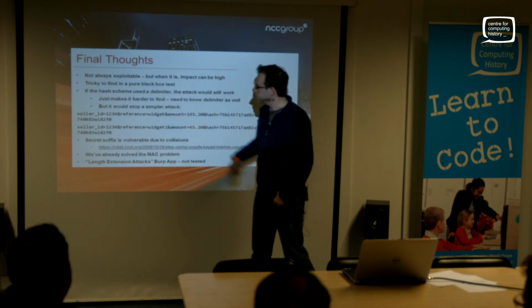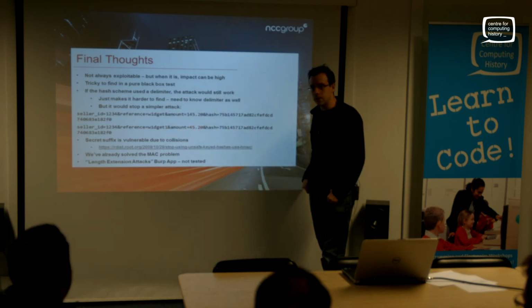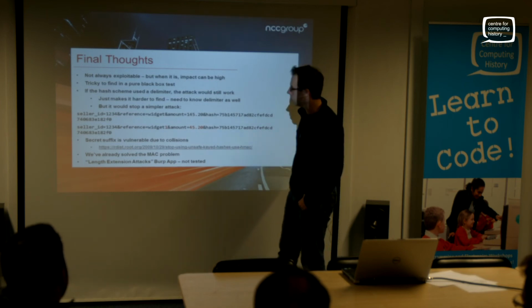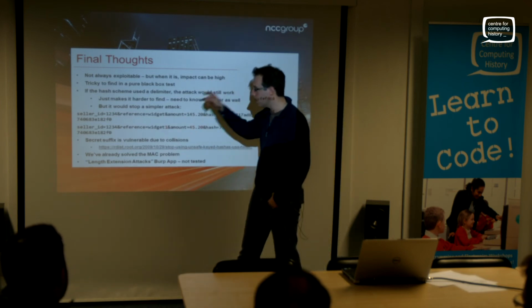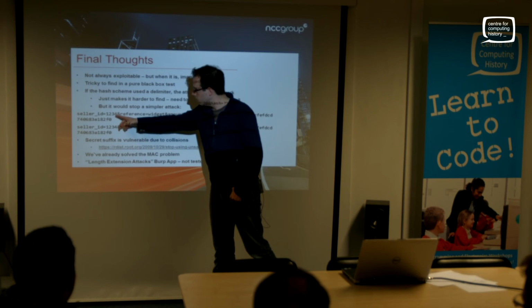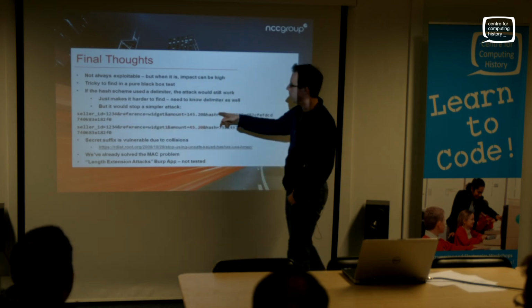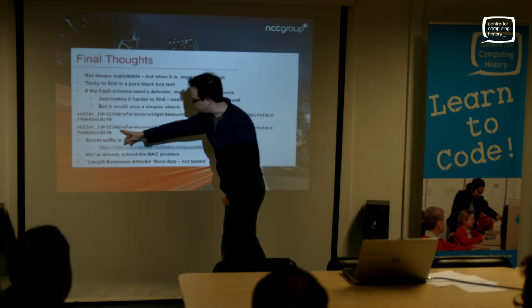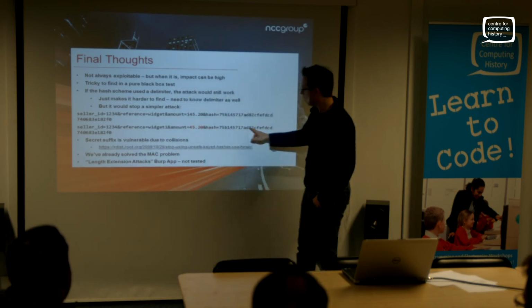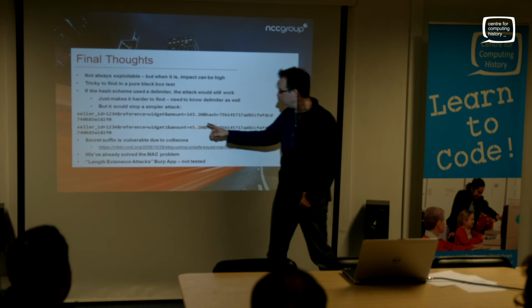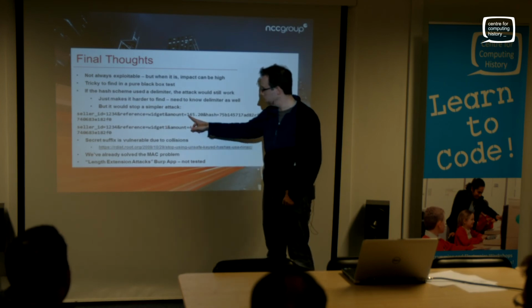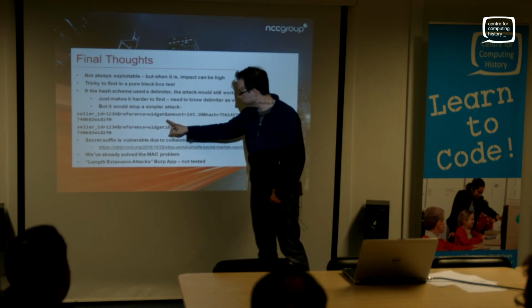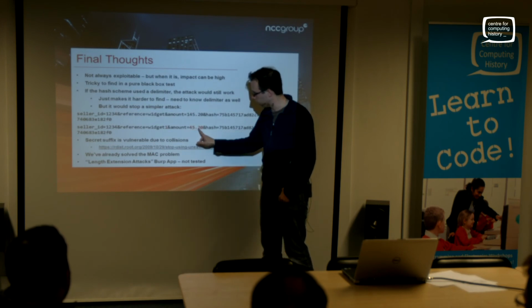But this use of a delimiter would stop what would be a much simpler attack, because if you think about our original problem, we've got concatenation of parameter values, and you compare it to this. So what have we done here? Well, we've just taken the number 1 and put it into the reference to leave a smaller amount, £45.20.